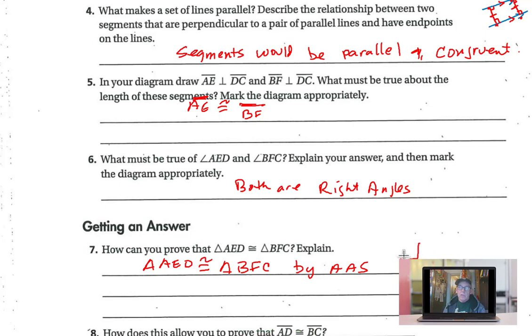So again, you got this angle, you got the right angle, angle, and you got the side. And it goes with the other one, which is angle, the right angle, and then the side. Those were marked as 3's. So angle, angle, side pattern.